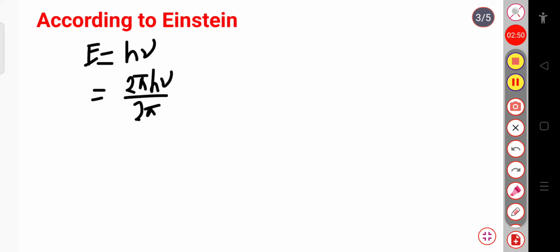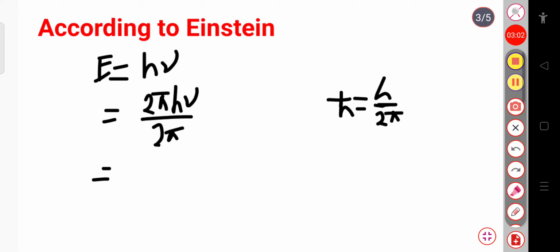We know h cut equal to h by 2 pi. Let me write h by 2 pi separately and 2 pi nu separately, so that I can put in the values.